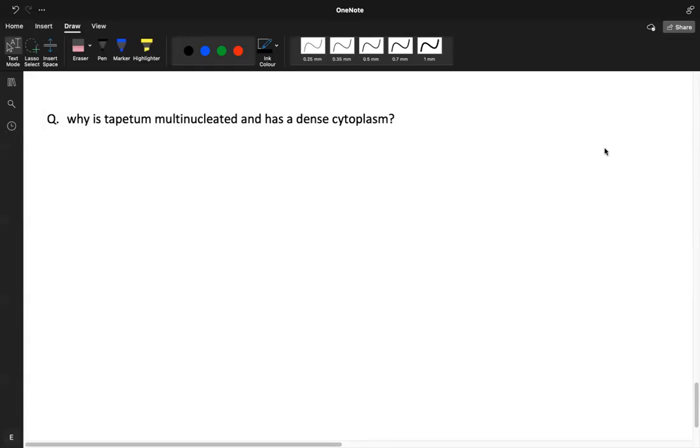If you want to store anything for the sake of storage, you don't have to be a multinucleated cell. You can be a uninucleated cell with a very big vacuole and put everything in the vacuole. But it's storing for use, for itself and for the development of pollen. It's not for long-term storage.